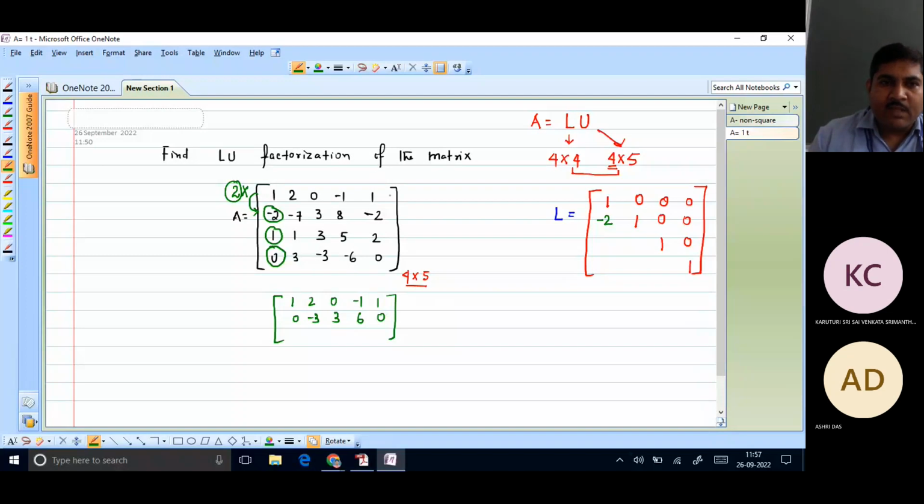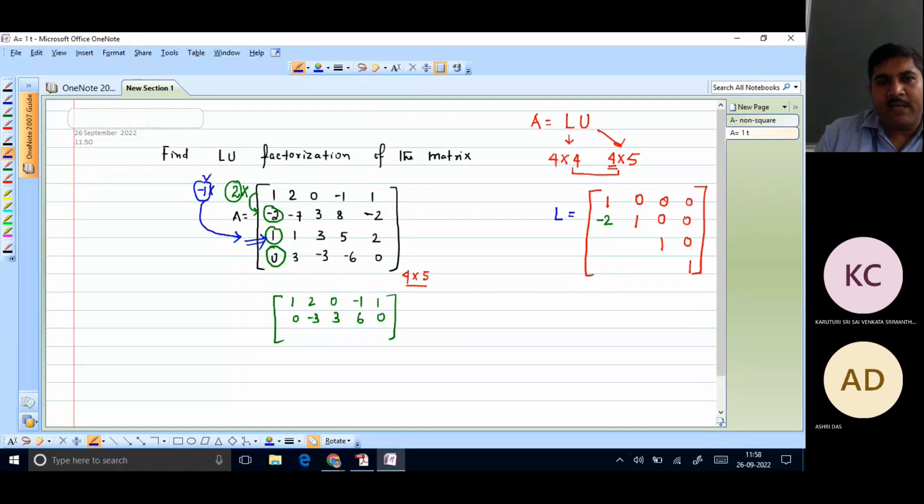Next one, I want to kill the element 1 in the third row, in the first column of A. So for that, I will multiply -1 to first row and I will add it to third row, right?